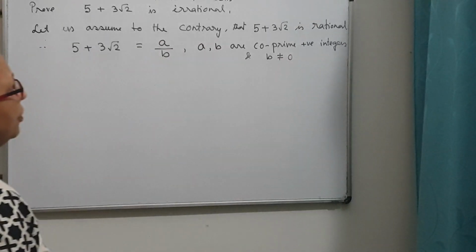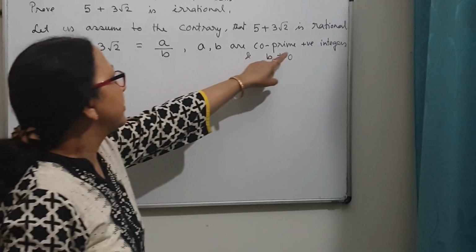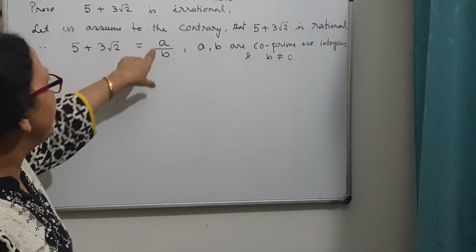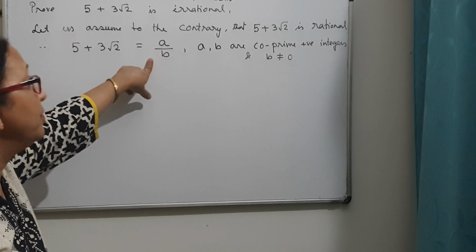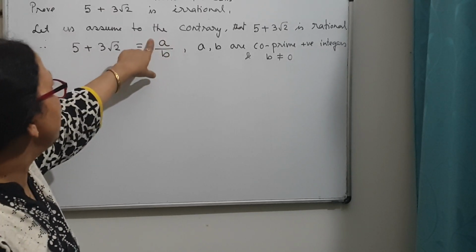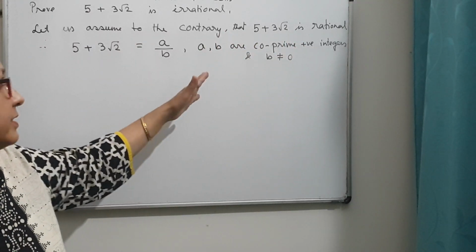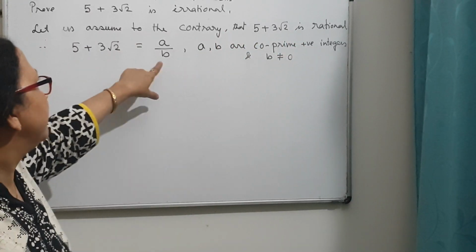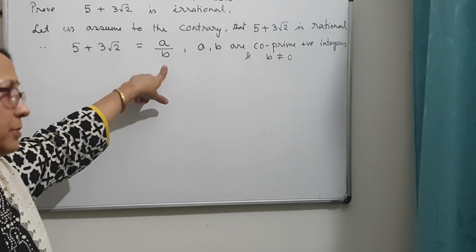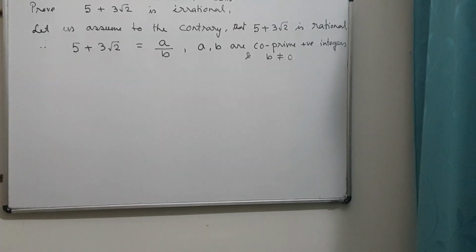Always we write these things. Whenever I express this in the form a by b, that means it is in the lowest form, so a and b, the numerator and denominator, are co-prime. They don't have any common factor other than 1. And the denominator cannot be 0, as division by 0 is not defined.